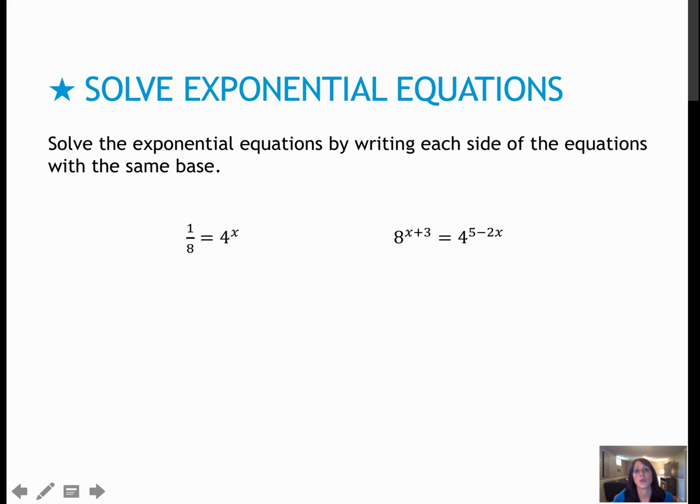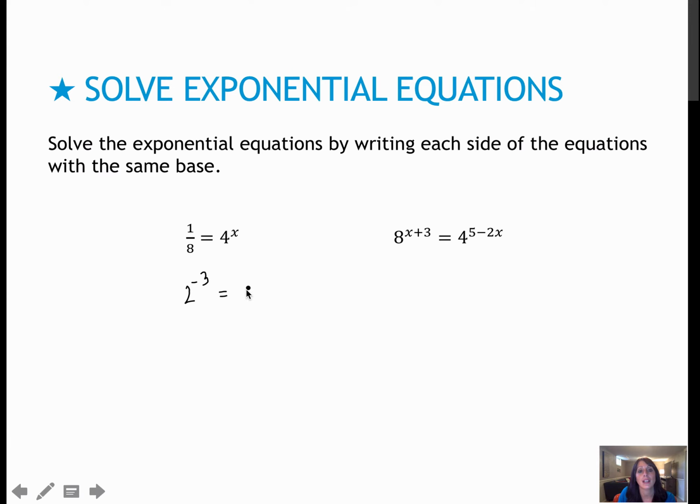So here are two like that for you to try on your own. 1 over 8, again, 8 is a base 2 number, not a base 4 number, but base 2. So 1/8 can be rewritten as 2 to the negative 3. Again, the negative is what flipped it to make it a denominator, and then of course 8 is 2 to the 3rd.